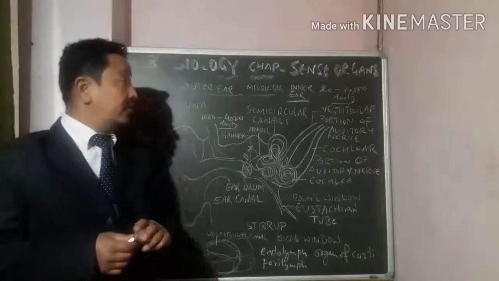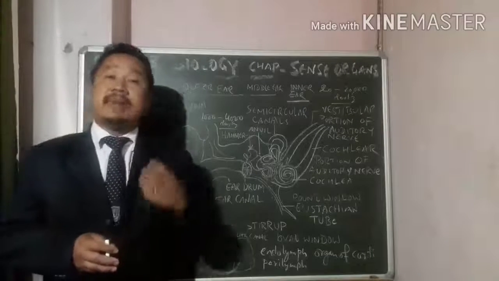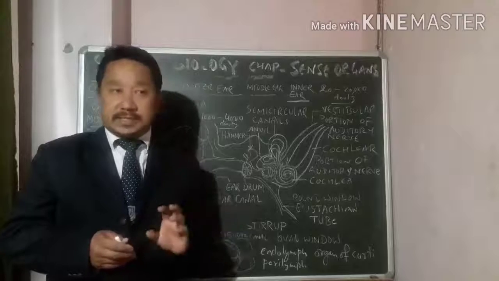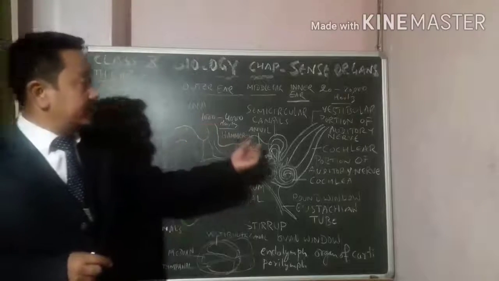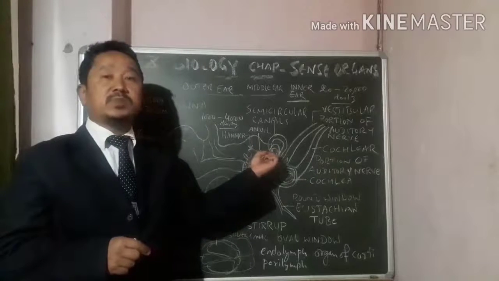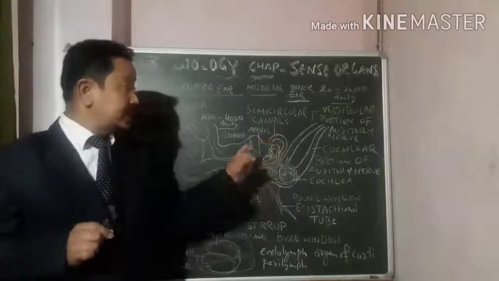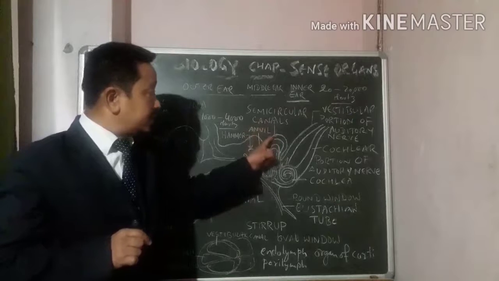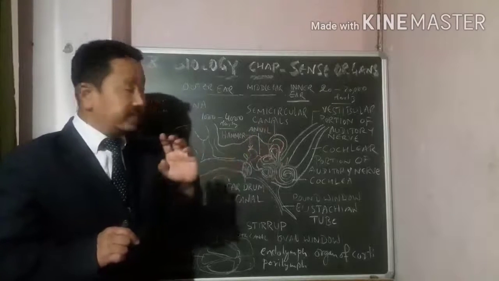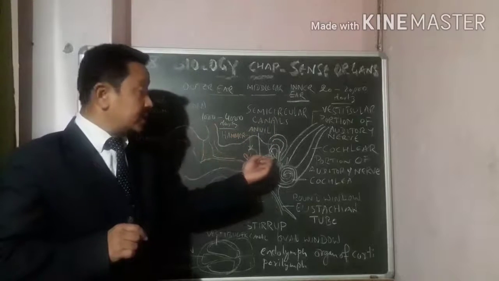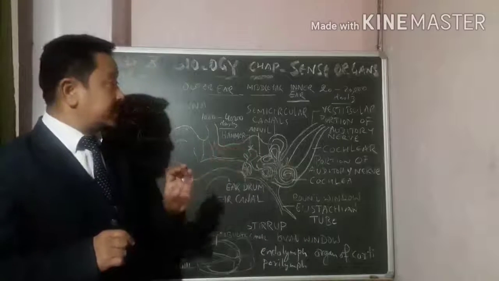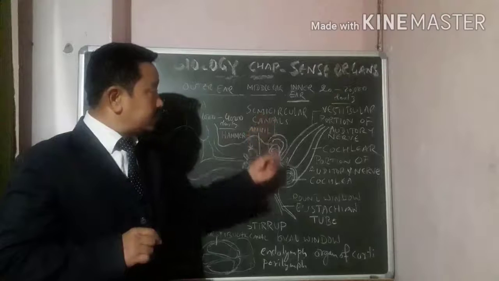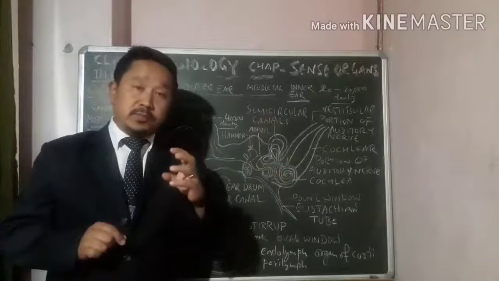The other function of the ear is balancing, as I've told you. The part of the ear responsible for maintaining balance is the semicircular canals. As you see here, there are three semicircular canals arranged at right angles to each other, which we have already discussed. These canals also contain fluid.